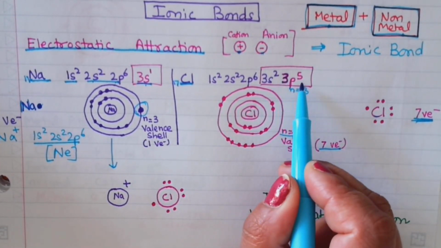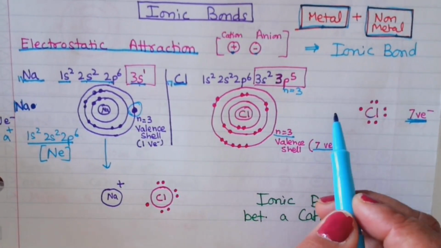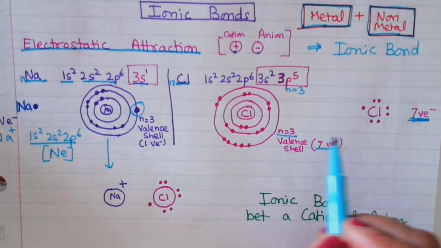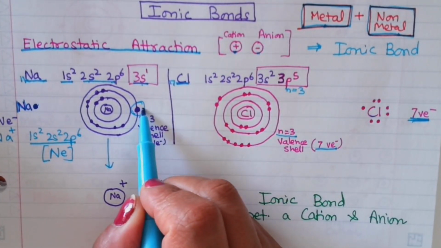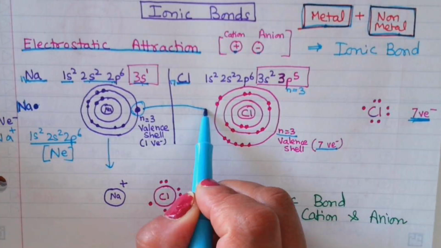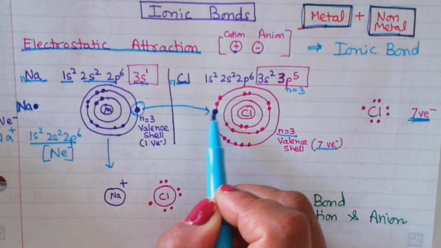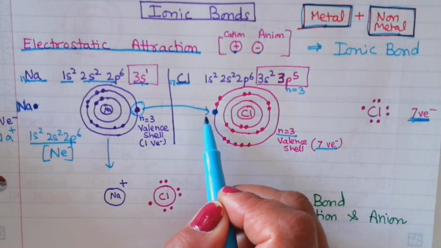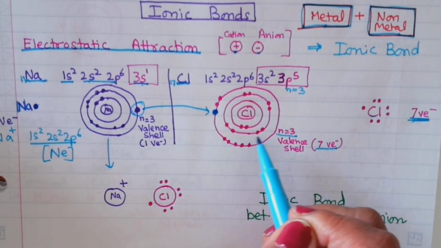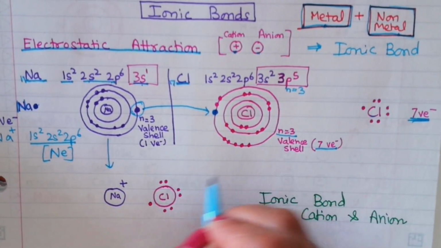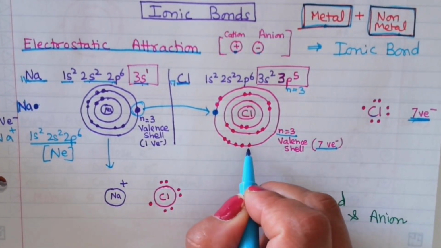Remember, chlorine, the halogens, group 17, gain one electron to look like noble gases. So this electron right here is gained by chlorine. Now this electron that sodium donated is now a part of chlorine, and this becomes the chloride ion. So this is the chloride ion.